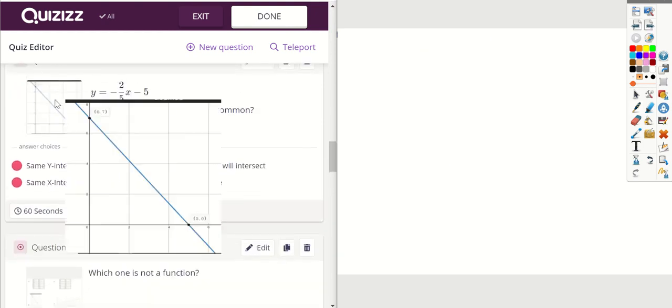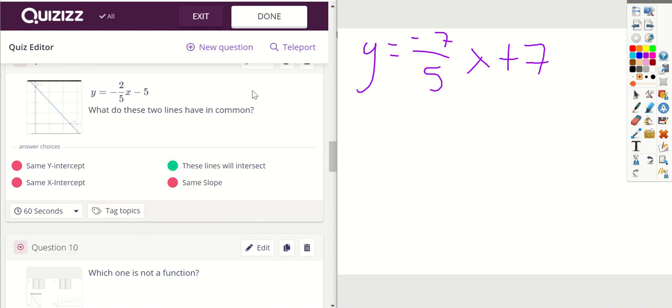What do these two lines have in common? Let's make the equation for it. Slope x, and then the y-intercept was 7, which means that we went down 7 over 5 for our equation. So then we say, what do these two lines have in common? They have the same y-intercept, -5 and 7. That's not true. Same x-intercept. That means that when I plug in 0 for y, I would get the same answer for x.